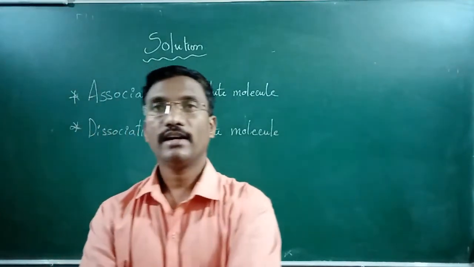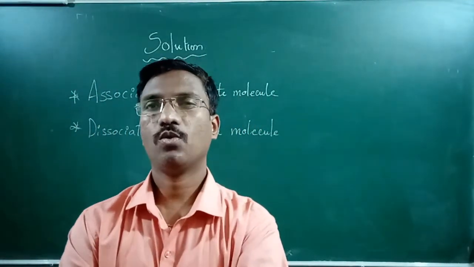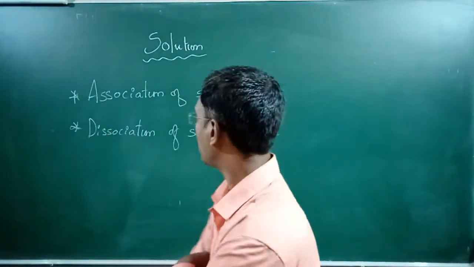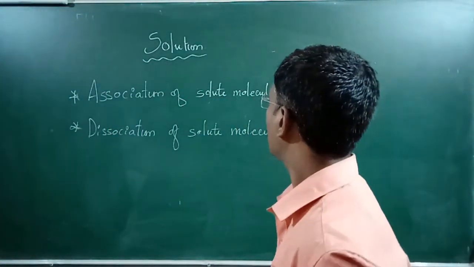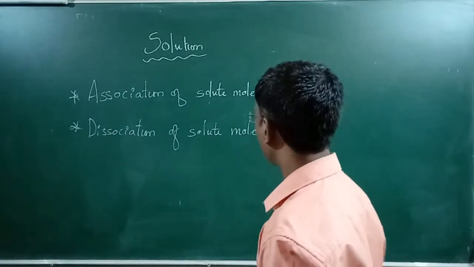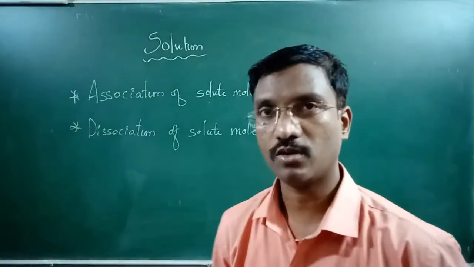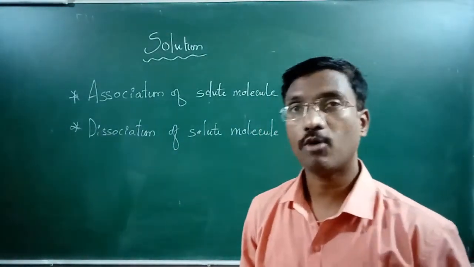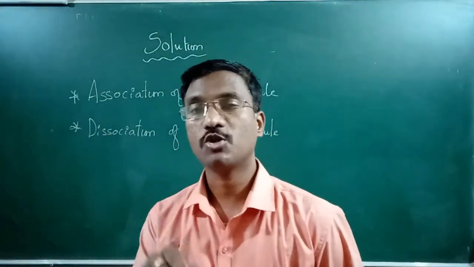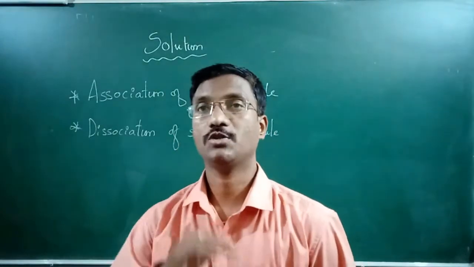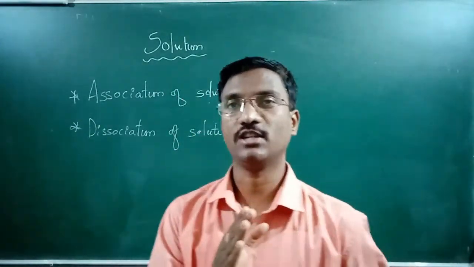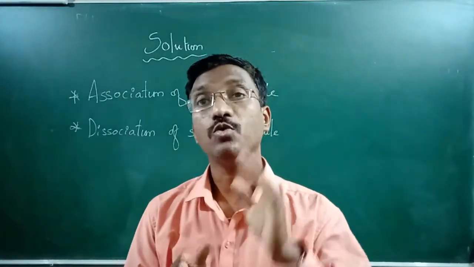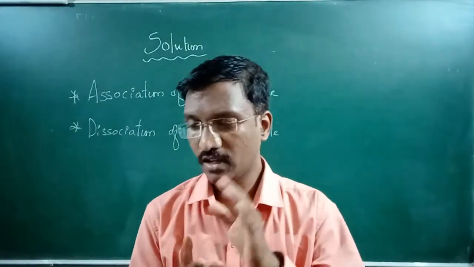So here the last single concept is left in the solution chapter: association of solute molecules and dissociation of solute molecules. So what is association? If the solute particles undergo association, the number of solute particles is going to decrease in the solution.